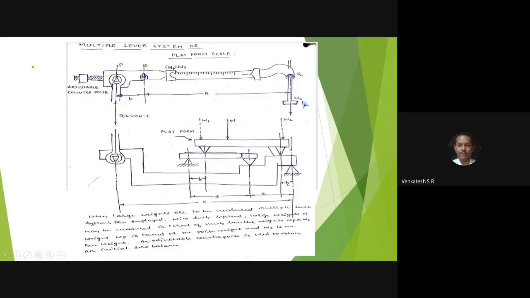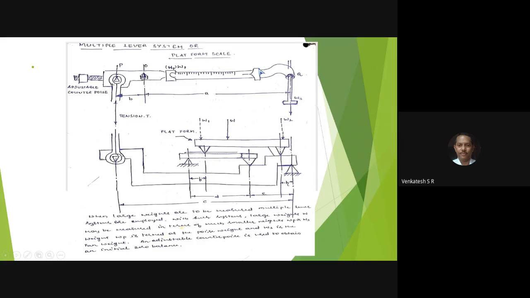Suppose you want to weigh 10 kgs, 20 kgs, 50 kgs or 25 kgs, what you have to do is keep two dead weights, counterpoise weights here, 10 into 2, and move the poise weight to the fifth digit. That is 10 plus 10, 20, and with the pointer exactly at the fifth position, that indicates 25 kgs.